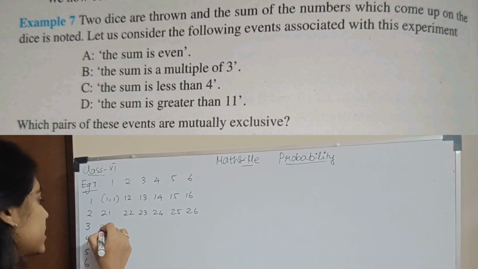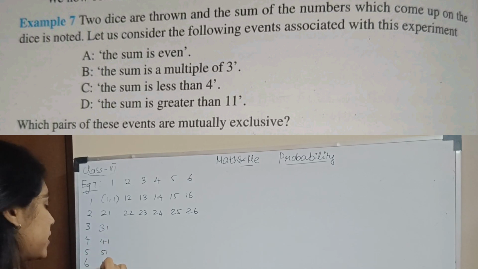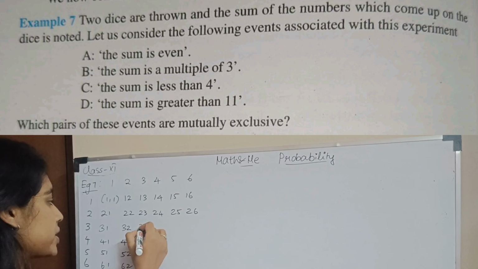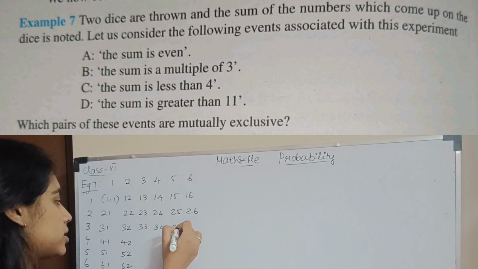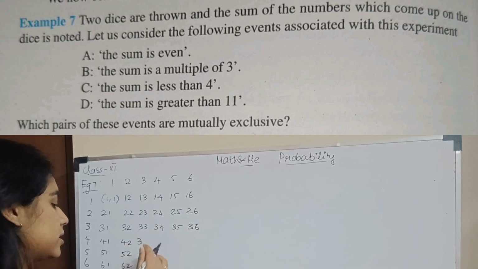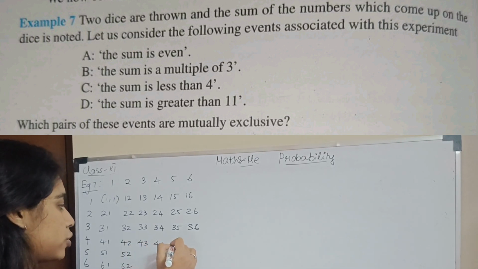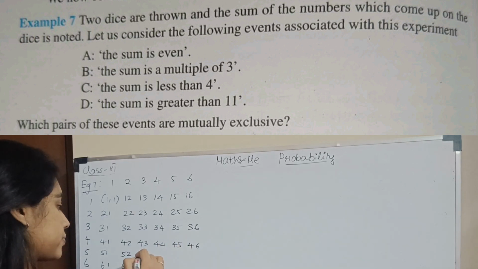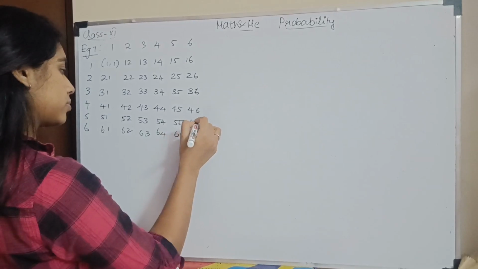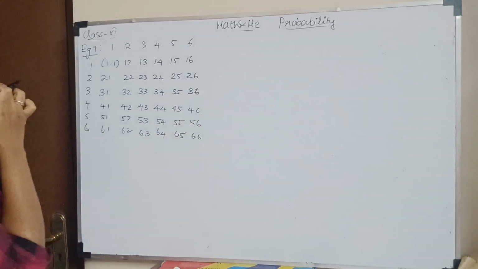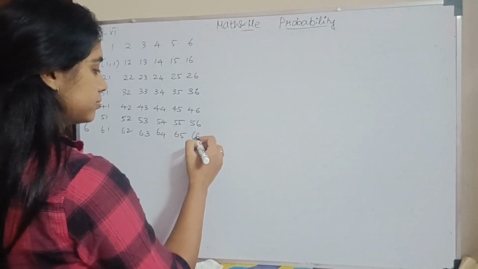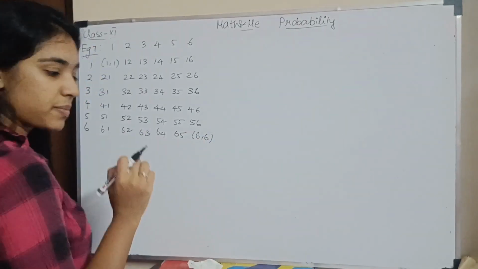Okay, inga na short hand எழுதுறேன். 3 1, 4 1, 5 1, 6 1, 3 2, 4 2, 5 2, 6 2, 3 3, 3 4, 3 5, 3 6, 4 3, 4 4. So this is my sample space.